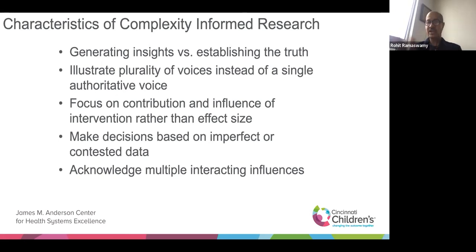And so while all of this sounds great in theory, and all of these are really important, the question is, how do we begin to make these work in practice?